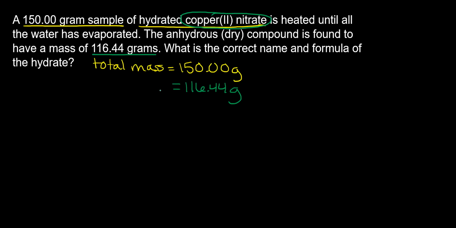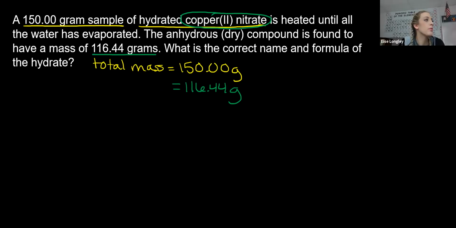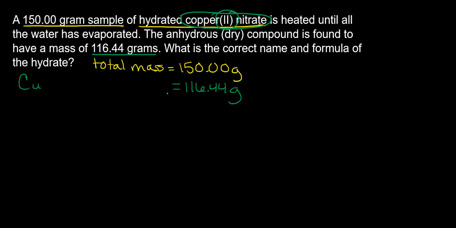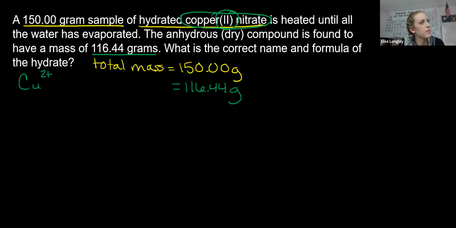Cu, so copper is Cu. What's the charge of copper based on this? It's +2. Remember that when there's a Roman numeral, it means there are multiple oxidation states, and this is telling us which one. So we need the 2+ oxidation state, not the 3 or the 4 or whatever.